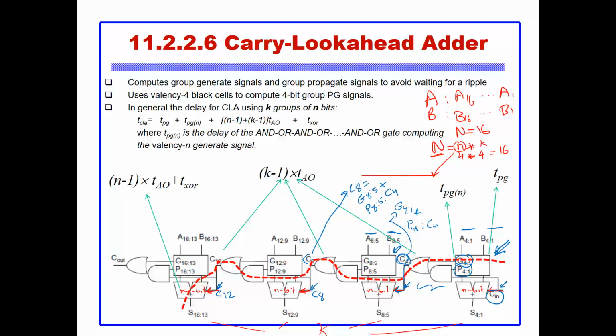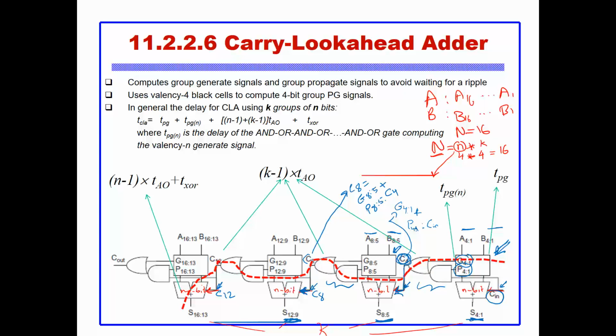This is what we do in this logic here. I generate C8 and feed it to these 4 bits, which generate the sum from 12 to 9. Notice the Cn here feeds the 4-bit adder that generates the sum from 4 to 1. The C4 is fed to this adder, and we generate the sum from 8 to 5. And C8 is fed here, and we generate the sum from 12 to 9.